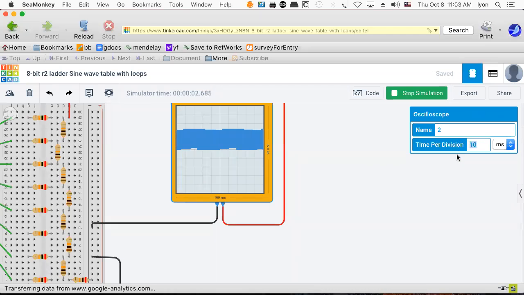Time per division, that must be 10 milliseconds per division. Let's try 0.5. Enter. Oh yeah, then you can get more. So if that's half a millisecond per division, then half a millisecond is 1/2 of 10,000 or 1/5000th. Oh, but then it says 5 milliseconds down in here, doesn't it? 5 milliseconds per division. So that's very interesting.